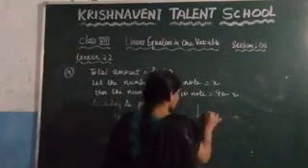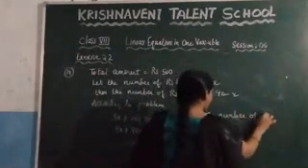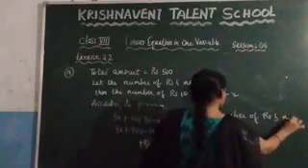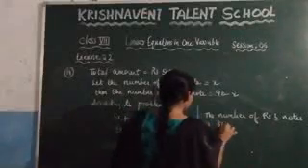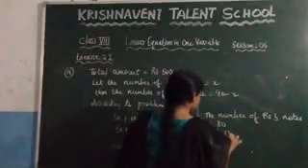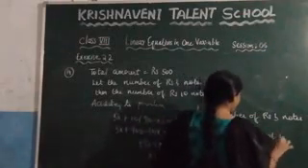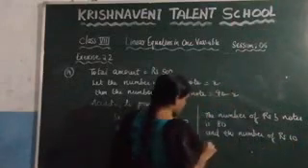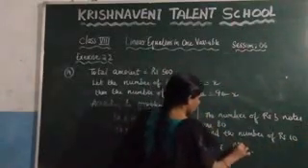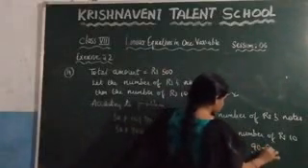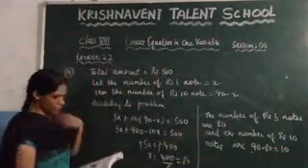Therefore the number of 5 rupee notes is 80, and the number of 10 rupee notes is 90 minus 80, which is 10. This is the problem. Now see the next question.